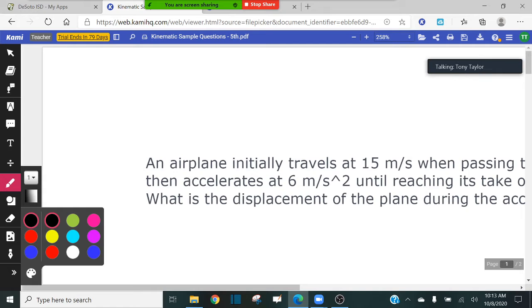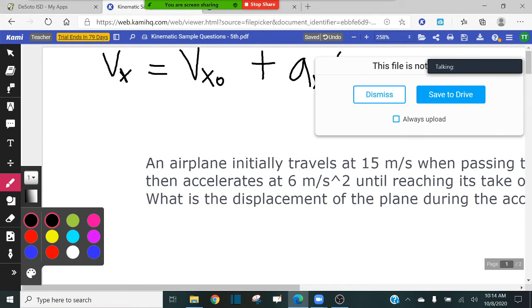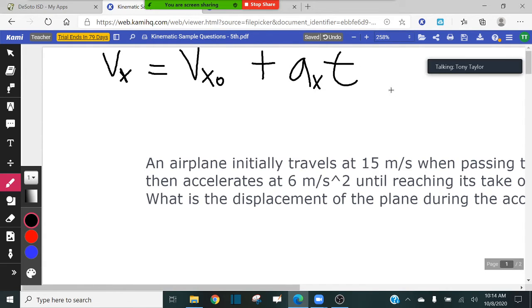The first equation basically says that an object's final velocity in the x direction is equal to an object's initial velocity in the x direction plus its acceleration in the x direction, all of that multiplied by time. Okay, so that's the first equation you guys need to know.